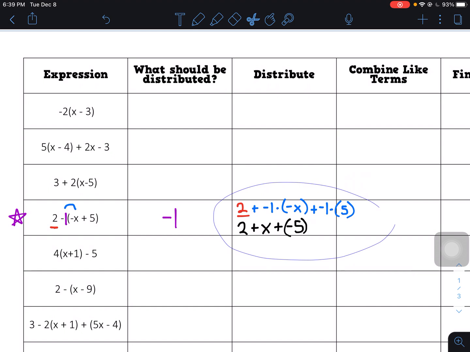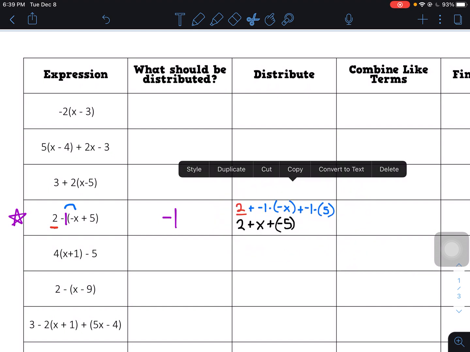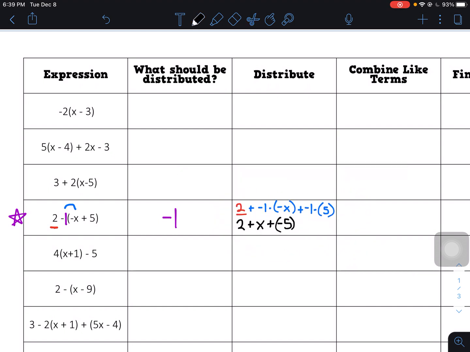Next, I'm going to combine like terms. So it looks like I have some x terms and I have some regular number terms. So I have 2 and I have -5.